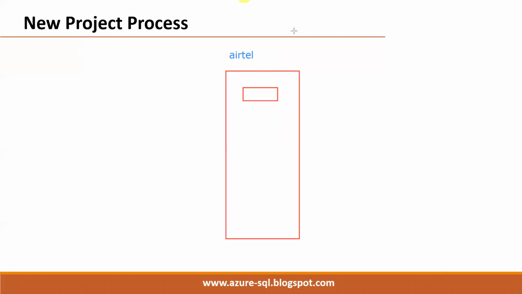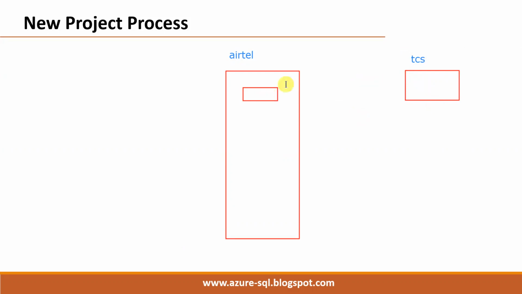For this application, we don't have a development team actually, only a maintenance team or operations team is there in Airtel, for example. So what we'll do, we'll select some vendor. Let's say the vendor is TCS, meaning they are developing this application for us.